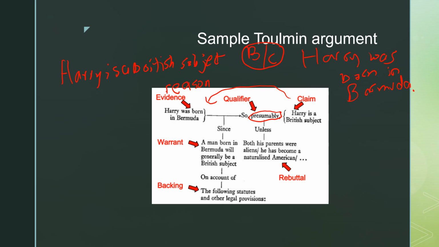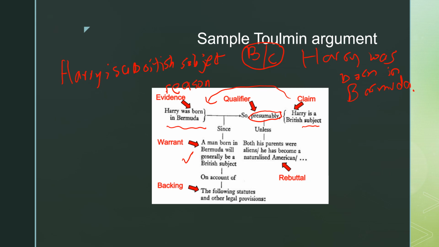Now, the warrant right here is what's connecting the claim with that reason. So the claim that Harry is a British subject connected to the reason that Harry was born in Bermuda, the warrant is a man born in Bermuda will generally be a British subject. Again, that's the unstated assumption that doesn't have to be written out. That is assumed.